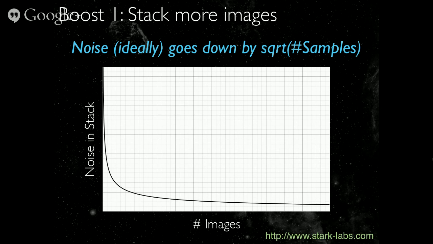Because if you look at here, the big divisions are every 5 images. So we can see after 10 images, you've cut your noise massively from a single one. After 20, you've cut it again, but the total amount of noise that you've dropped is less. There is a point of diminishing returns here.